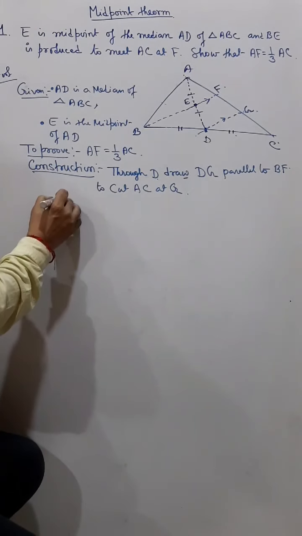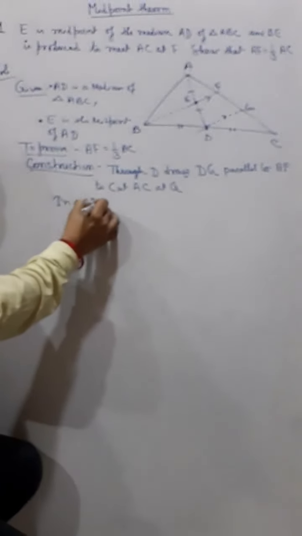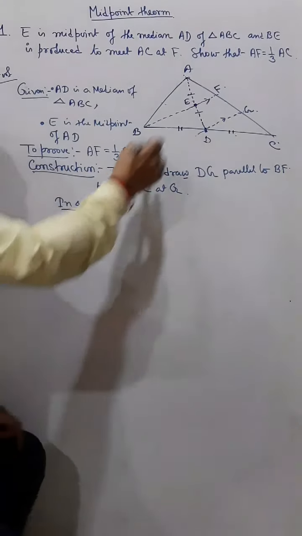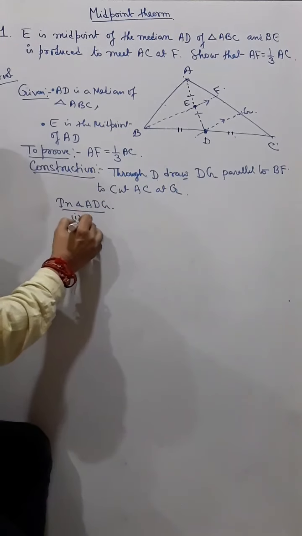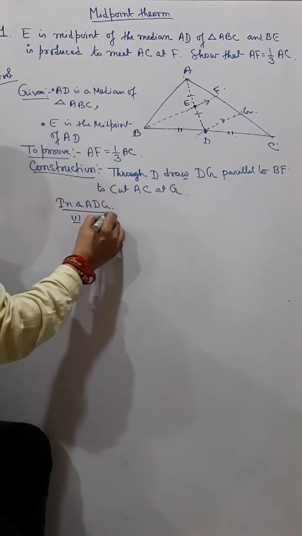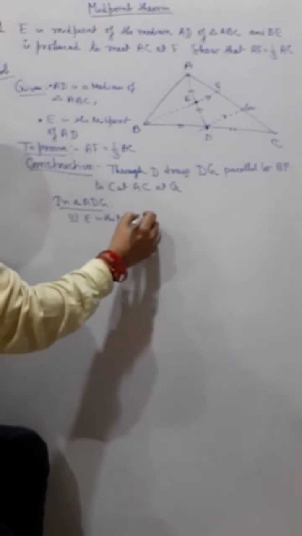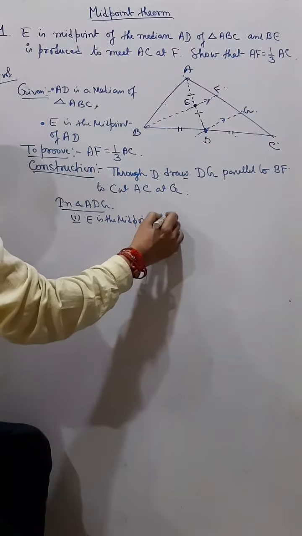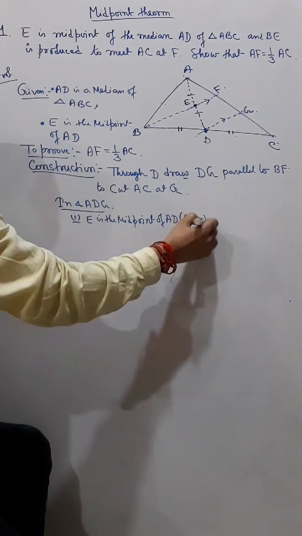Now, in triangle ADG, the first thing I can say is that E is the midpoint of AD, and that is given.